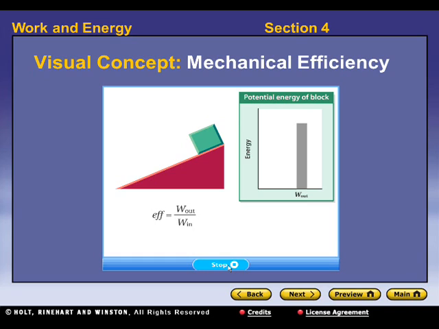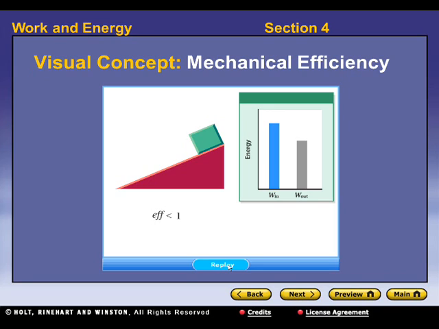Mechanical efficiency can be calculated using the equation shown here, where W out is the energy gained by the object and W in is the energy put into the system. In a frictionless system, the energy gained by the object would be equal to the energy put into the system, and the efficiency would be equal to 1. In real-world machines, however, there is always energy lost to friction, so the efficiency is always less than 1.